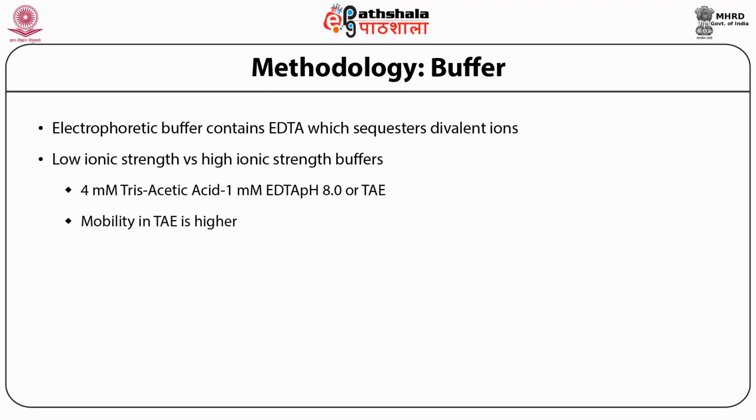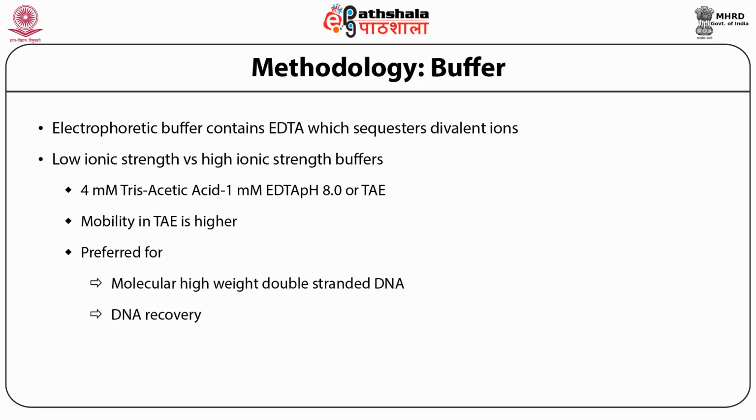This buffer is used for separation of high molecular weight double-stranded DNA. The purpose of having EDTA in a buffer is that it sequesters divalent ions, which are essential for nuclease action. This buffer is also preferred for DNA recovery.